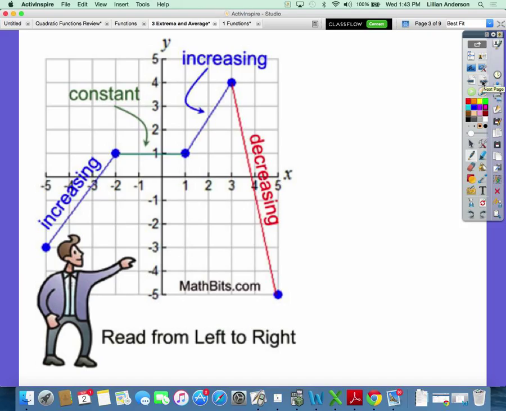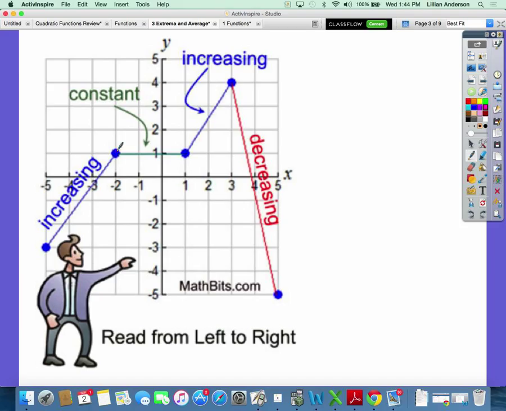Here's a nice little diagram, with this man pointing to this curve. Different points are increasing or decreasing. Now, the interval in which they're increasing or decreasing is in relationship to what axis? X. So when you give me the interval of where it's increasing and decreasing, you look at what axis? The X. Okay, let's give it a try. So, I see that I'm increasing from this blue dot to this blue dot.